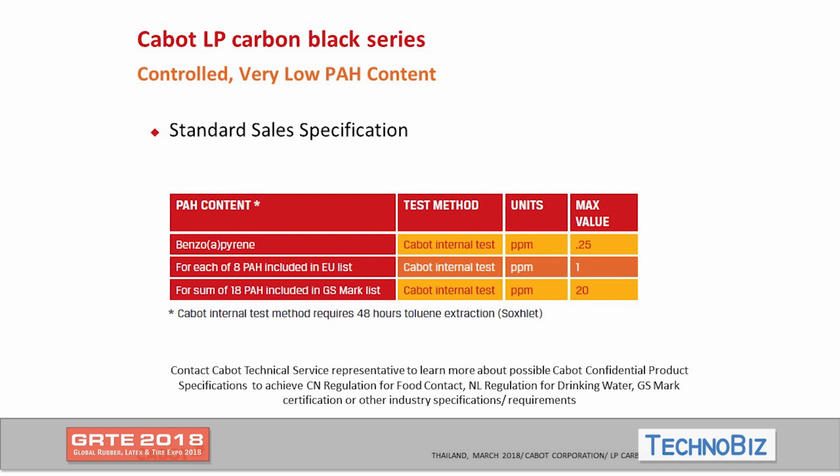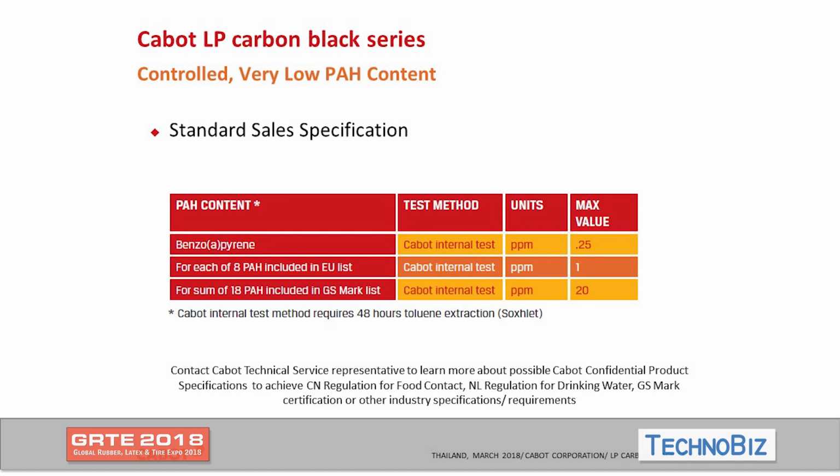Yeah, so here we're talking about the very low PAH content. At Cabot, we control these low PAH materials, and we put all the numbers into our standard sell specification. It's not just some kind of one-time guarantee. We actually put it in our standard specification, a guarantee provided by our company for all of the products we produce here. Roughly, the PAH content for benzo[a]pyrene is based on our internal test.